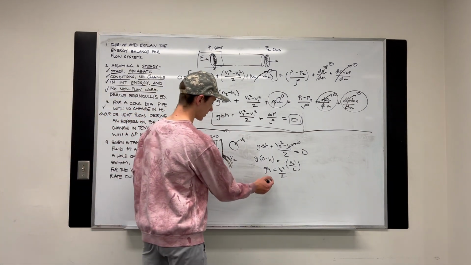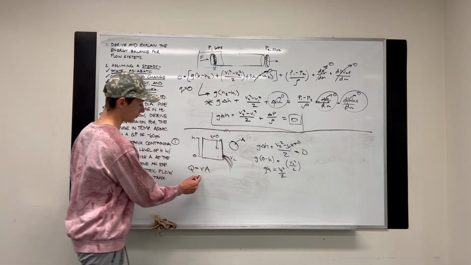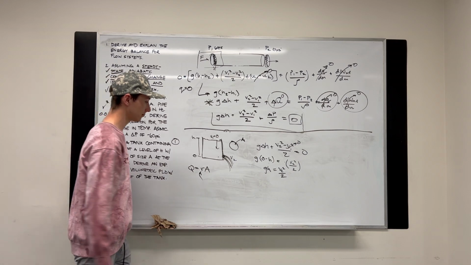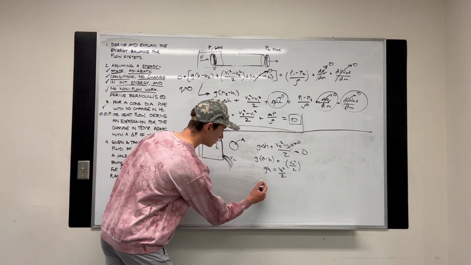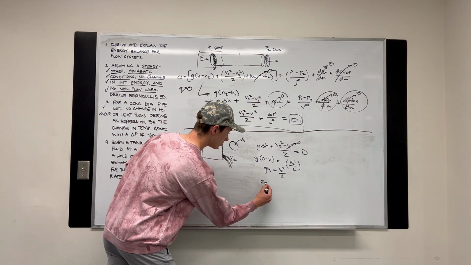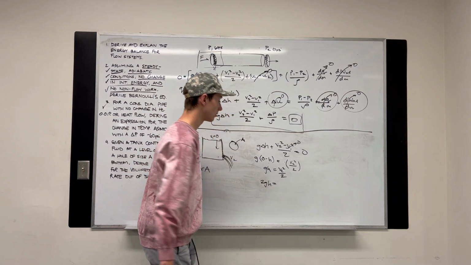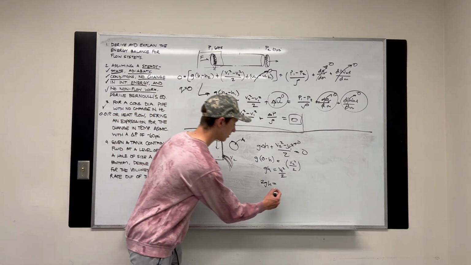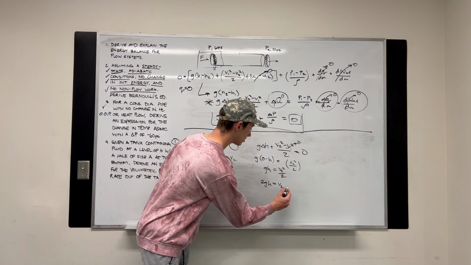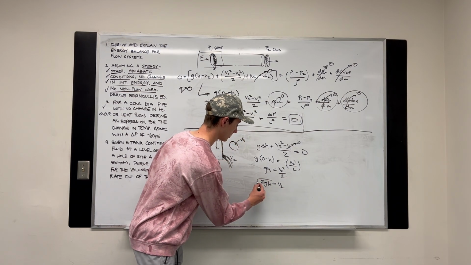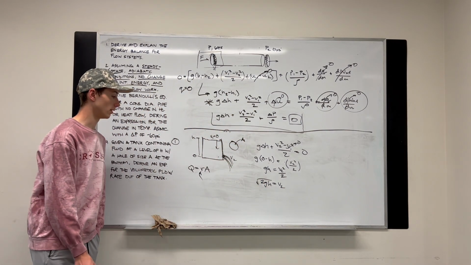Okay, and remember, we're solving for velocity to plug into our flow rate formula. And we get 2gh is equal to V2 squared, and of course we'll square root it to get rid of our square. Okay, that's pretty simple.